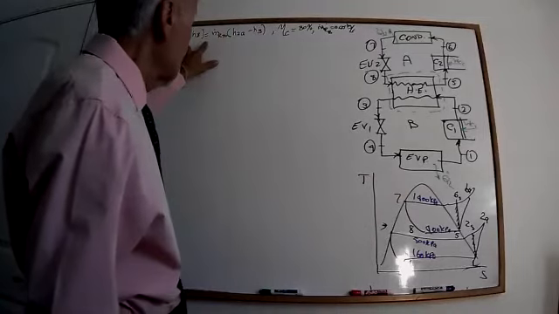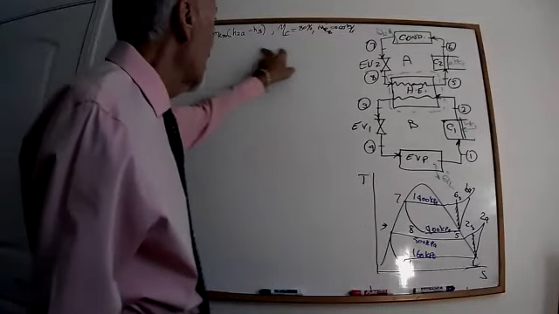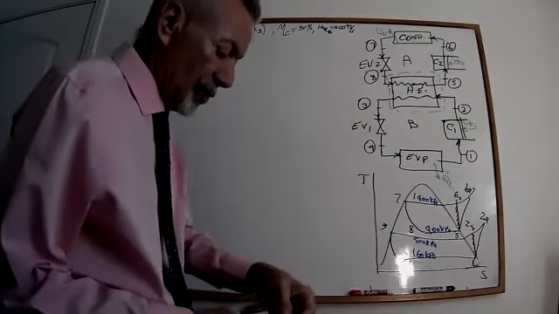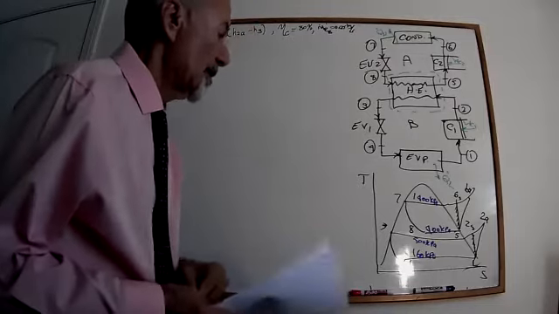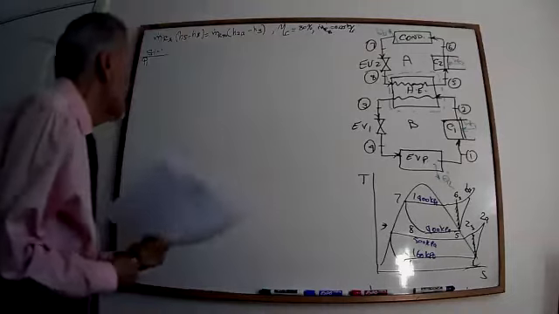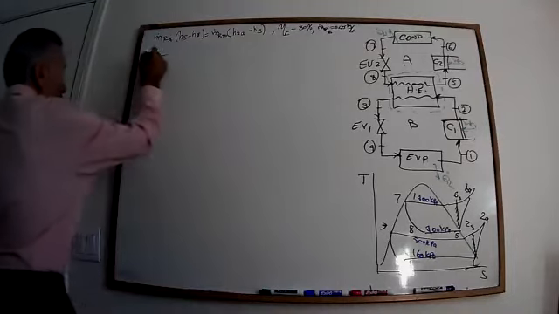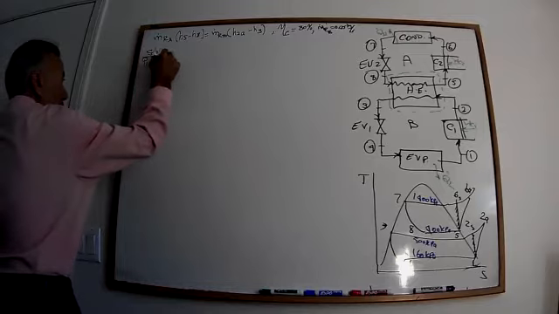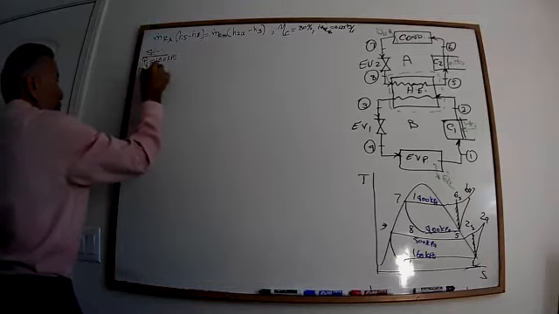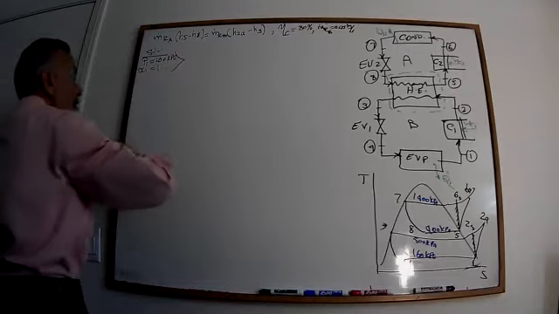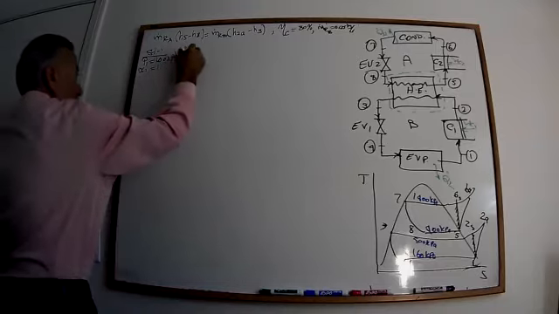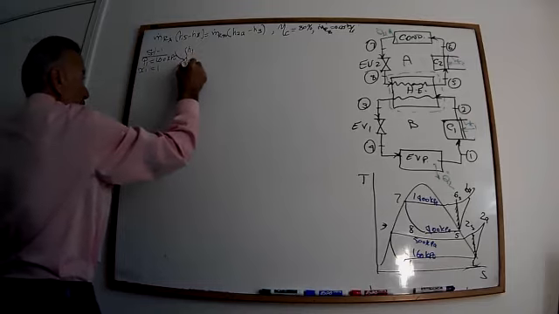So I have all the information that I need on my TS diagram. I know the relationship that I need to take care of. I have the efficiency. I have one of the mass flow rates. So all I need to do is find H1 to H8, then I'll be home free. So at state 1, I have P1 equal to 160 kilopascal and X1 equal to 1. That means it's a saturated vapor. So I find H1 and S1.